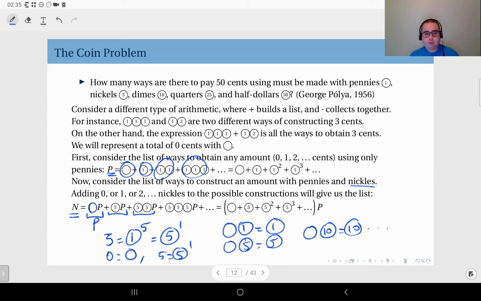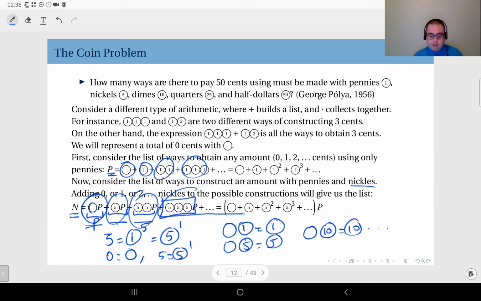One of those terms comes from this, the other one comes from this, the other comes from this one. The rest cannot contribute to 13 because, you see, this is 15, which already exceeds 13. So instead of 1, I now have 3 alternatives for constructing 13. As the amount grows, I will have even more alternatives.